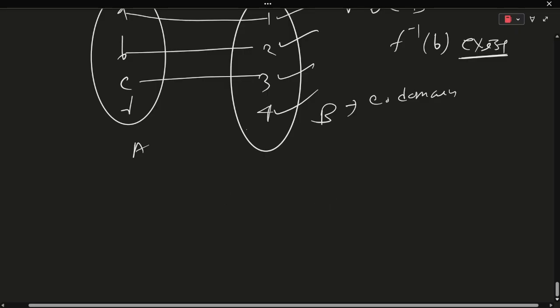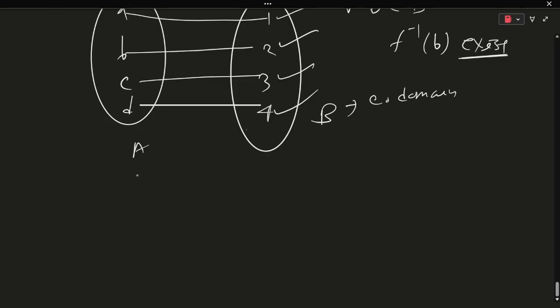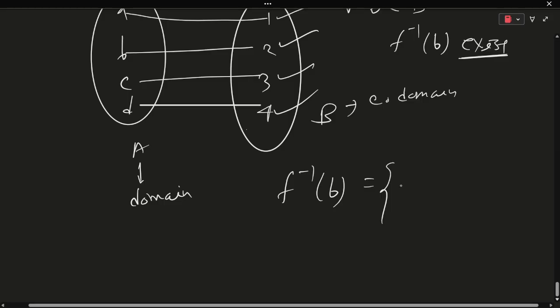So this is not a condition for onto. This is the domain of f. Okay, so what is the definition of this? The definition is: f inverse of b is the set of x from A such that f(x) equals b. This is the important definition.